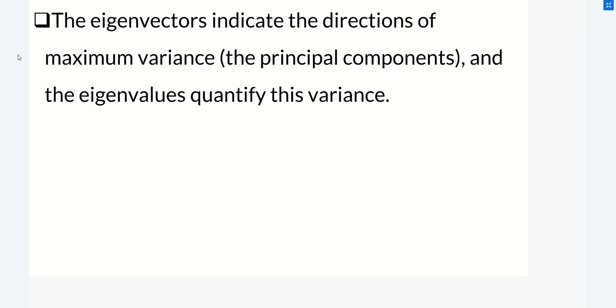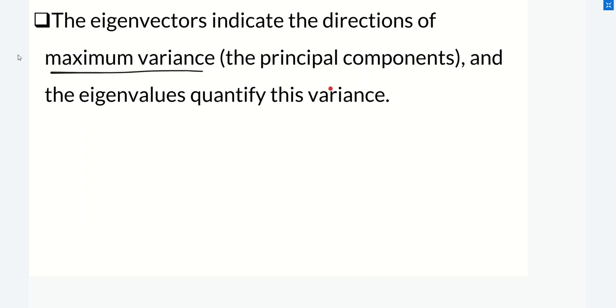So eigenvectors indicate a direction. We saw it earlier on that the vector talks about the direction, and the value talks about what? The scaling. So if you look at it, it's being repeated over here. If you're doing your PCA, remember you need to show us some of these things. The eigenvector will show us the direction of the maximum variance.